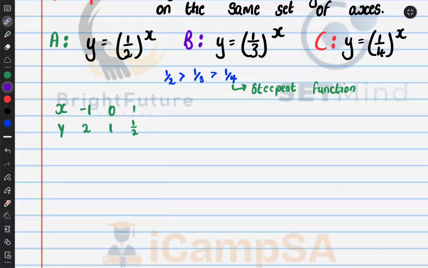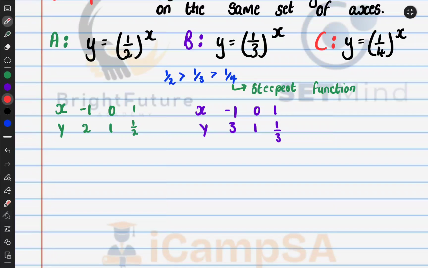For the second function, 1 over 3 to the power of -1 is 3, and then we have 1 and 1 over 3.